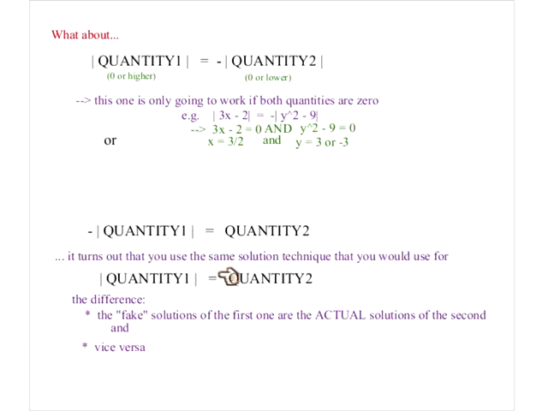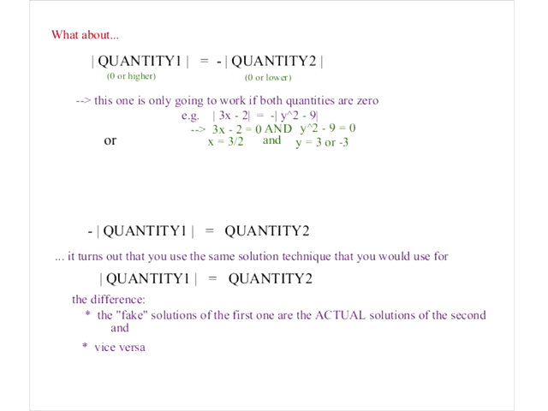But you would still do the same thing. In other words, you would set up the two equations, one of which would say the opposite of this equals this, and one of them would say this equals this. It's the exact same situation. The only difference is that the fake solutions and real solutions would switch places. Okay, that's actually a very good question.